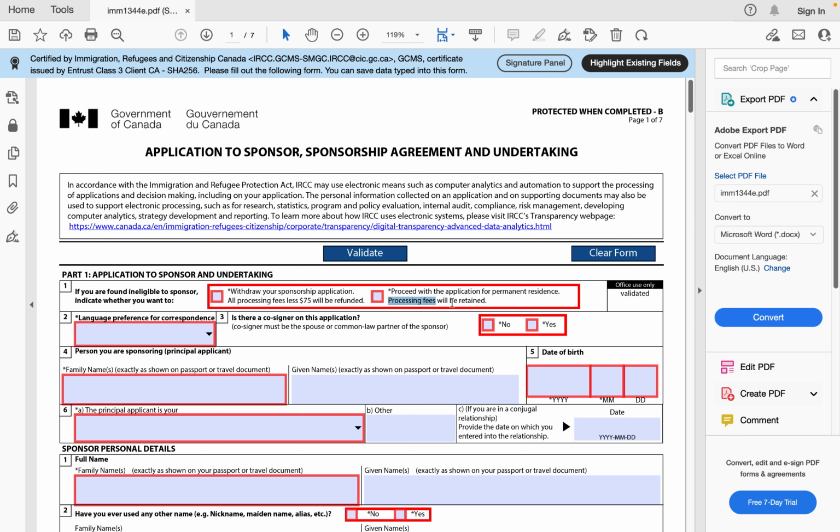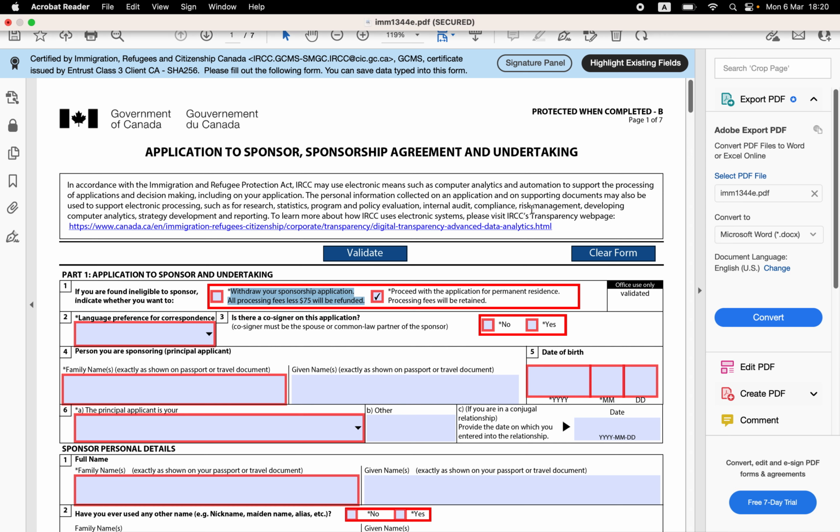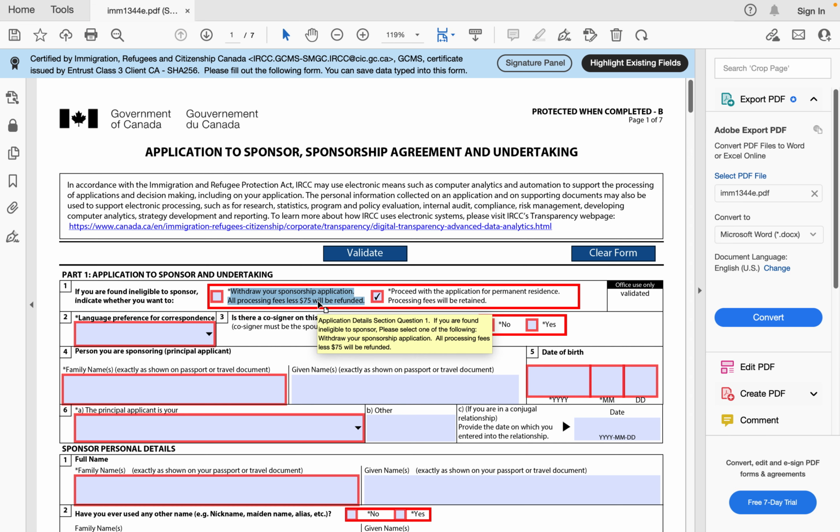In my case, since I was pretty comfortable and confident with the information I provided, I wanted it to process, so I ended up ticking this one. But when I Google searched it, there were definitely people who recommended the other option, saying that it would give them the opportunity to fix the error and proceed.